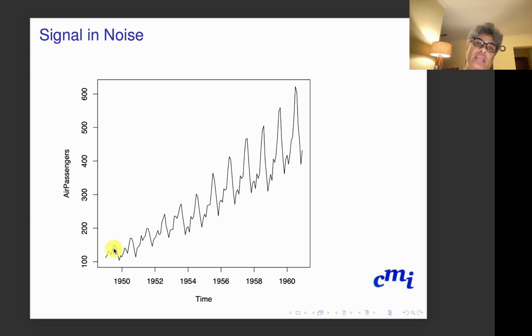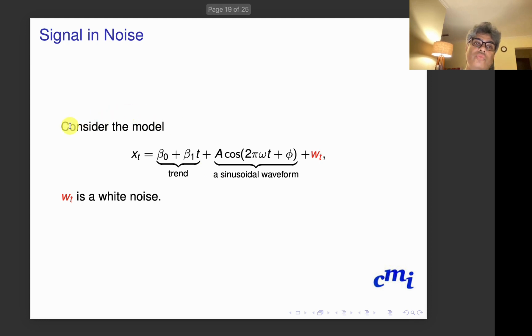In the air passenger data, we have a straight, almost linear trend, and then we have a periodic seasonality. So we can model this kind of data as trend plus a sinusoidal waveform. The trend you can model as beta_0 + beta_1 t, and the sinusoidal waveform can be modeled as A cos(2 pi omega t + phi), and w_t is the white noise.